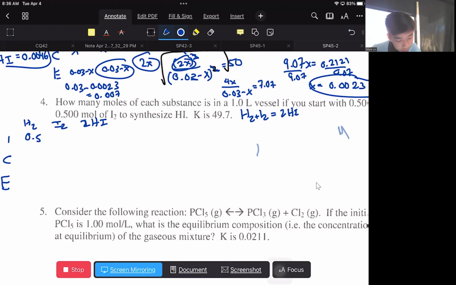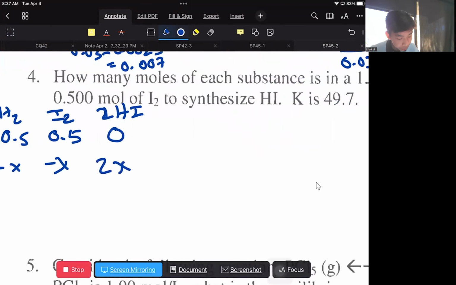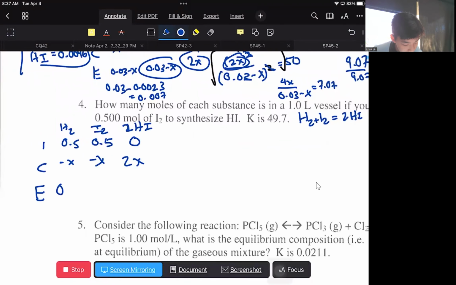We just said that earlier. 2HI is going to be 0. Your C is going to be minus x, and for the 2HI, since it has a coefficient of 2, it's going to be plus 2x. So for E, it's going to be 0.05 minus x, 0.05 minus x.